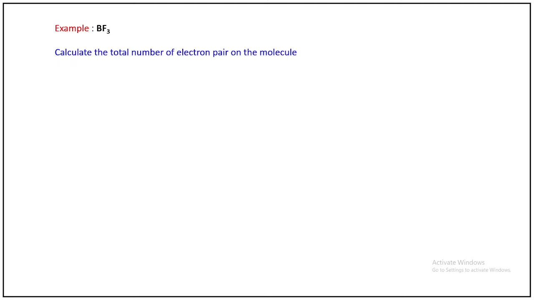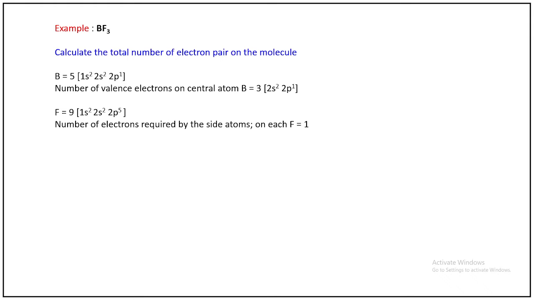So let's start with BF3, and the first job we have is to find the central atom, and in BF3 it is boron. In boron, the electronic configuration is 1s2, 2s2, 2p1. There are 3 valence shell electrons. Now we can go to the side atom, fluorine. Fluorine is in the halogen group, and it needs 1 electron to complete its octet.